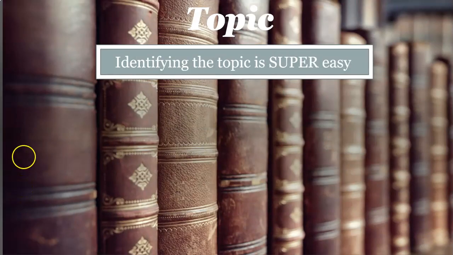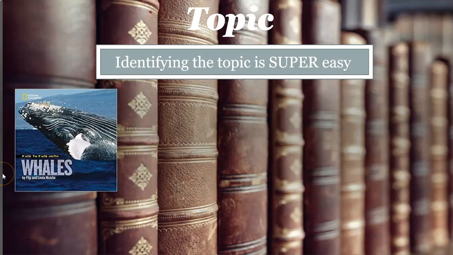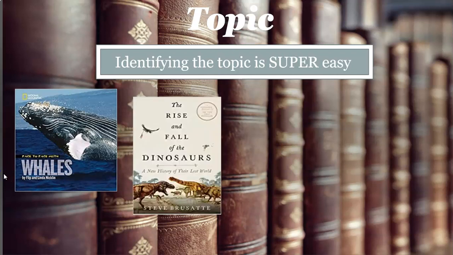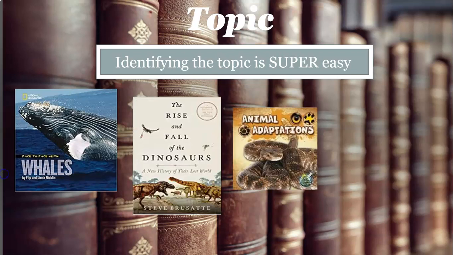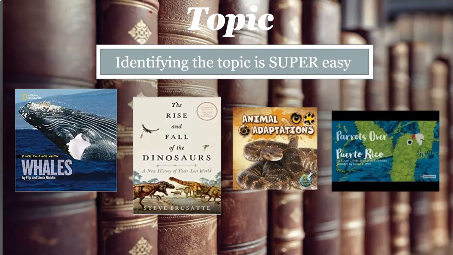Identifying the topic is super easy. I can look at this book and be like, hey, Mr. Remedies, what's that about? This is about whales. This one's about dinosaurs. This one's about animal adaptations. And this one's about birds.